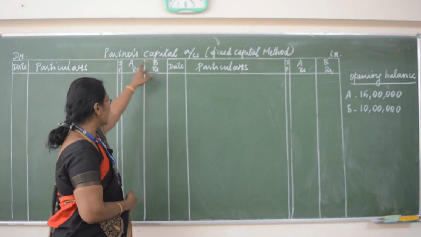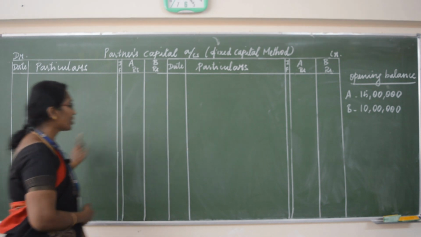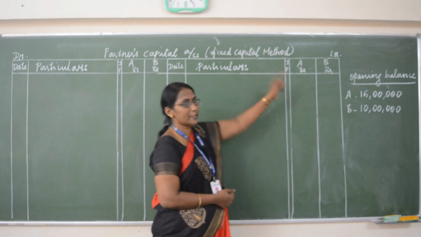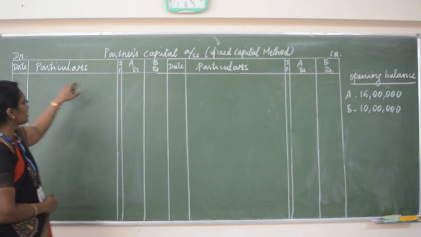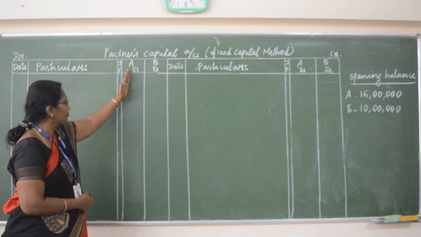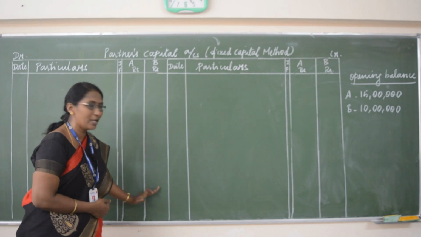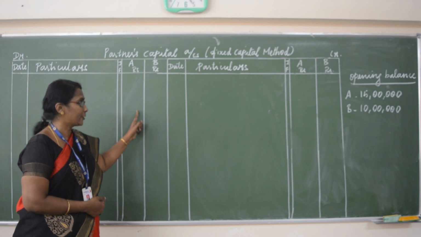In this partners' capital account we are going to enter the values. Before we enter, look once again at the table: here it is debit and here it is what? Credit. On the debit side I have written date, particulars, JF, and for A one column and for B another column. There are 2 partners, so 2 columns I have created.